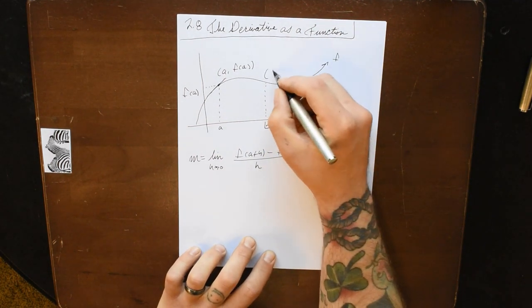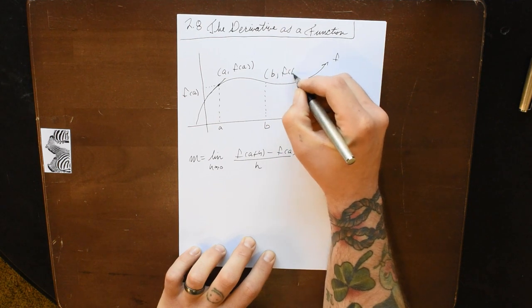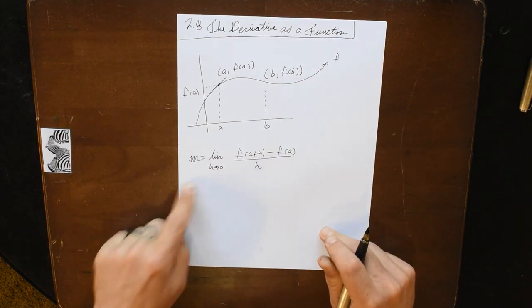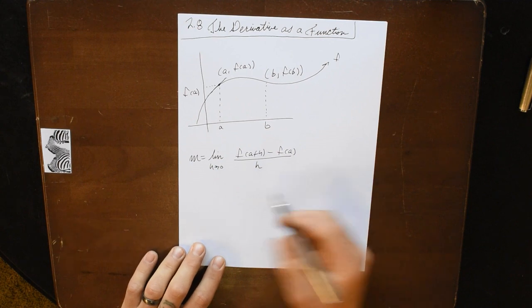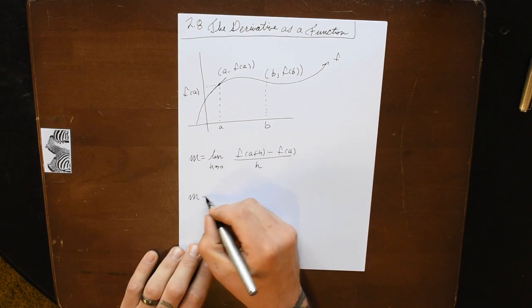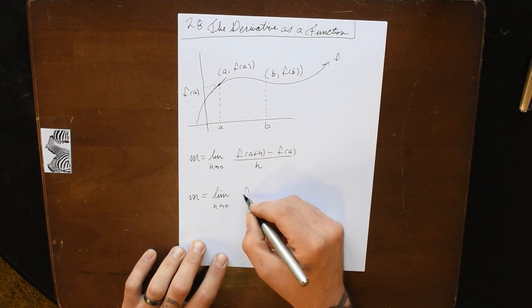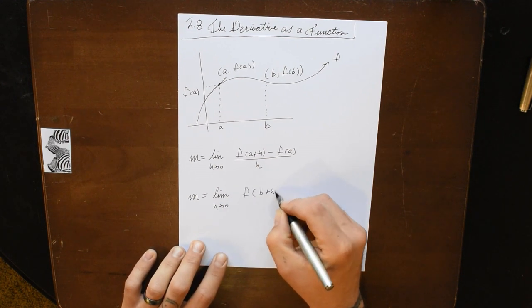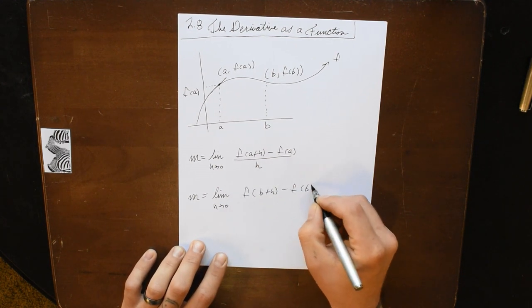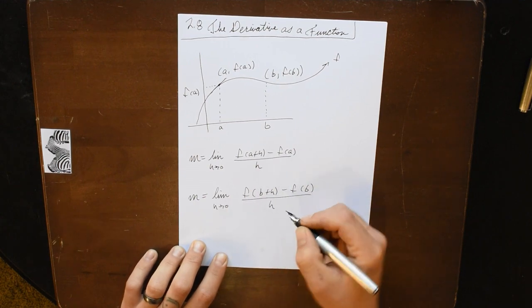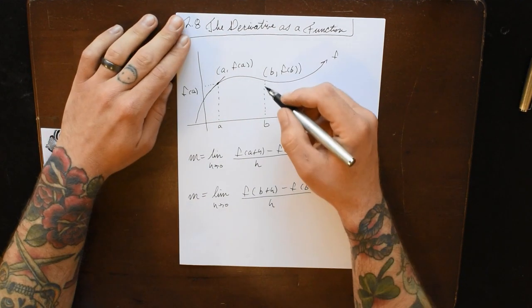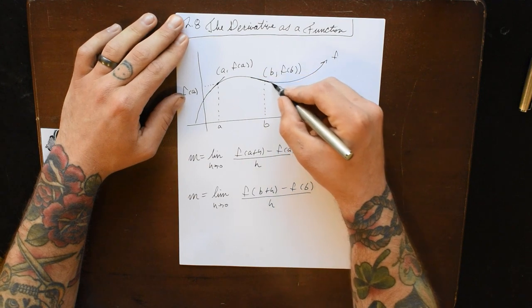Well, then, going through b, f of b, we'd have to recalculate this limit. Our new slope, m, would be equal to the limit as h goes to 0 of f of b plus h minus f of b, all over h. And this would give us the slope of the tangent line over here.